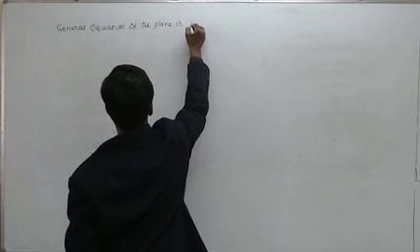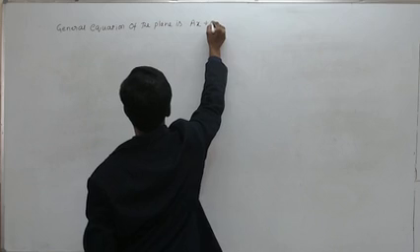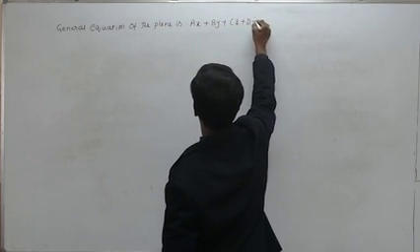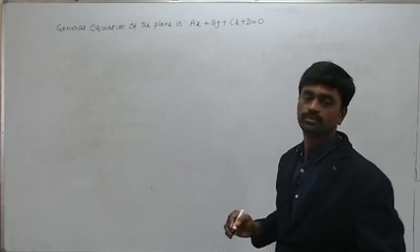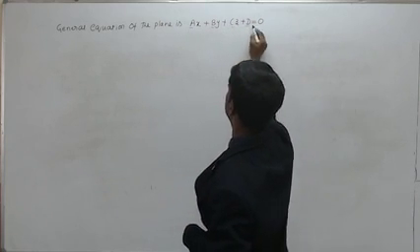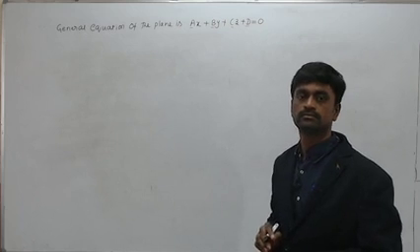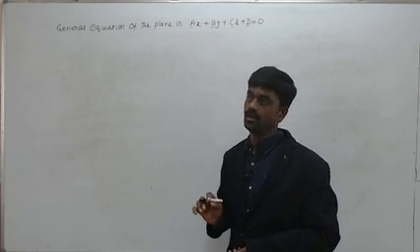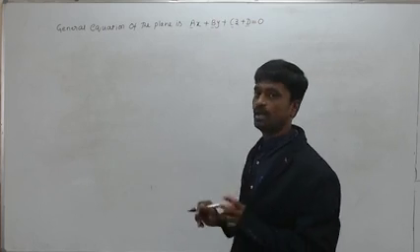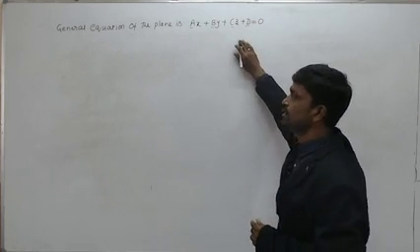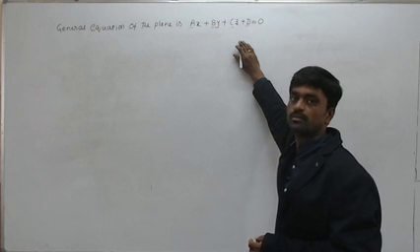is ax plus by plus cz plus d is equal to 0. Here the coefficients a, b, c, d are what? They are real constants. And among a, b, c, at least one of them should not be equal to 0. Then only it represents an equation of the plane.